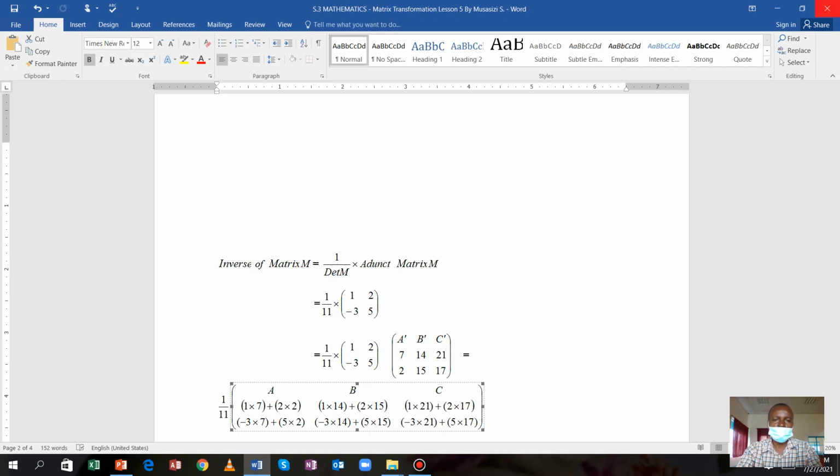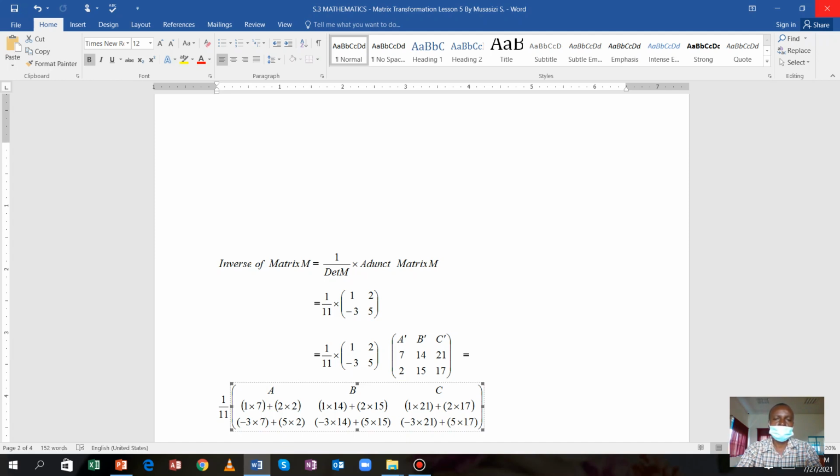So I go to 1 times 7 plus 2 times 2. You remember that's the first row. We are still using the method of row by column, when you multiply row by column. Then you go to 1 times 14 plus 2 times 15. Lastly, for C, it is 1 times 21 plus 2 times 17. So that's the first row of the matrix.